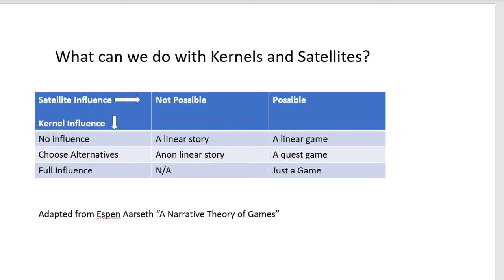You may as well be reading it. If there's nothing that the player can do to change a detail, then there's nothing that can happen with it. It's just reading. So understanding the satellite and being able to allow players to manipulate satellites will allow us to create a linear game.